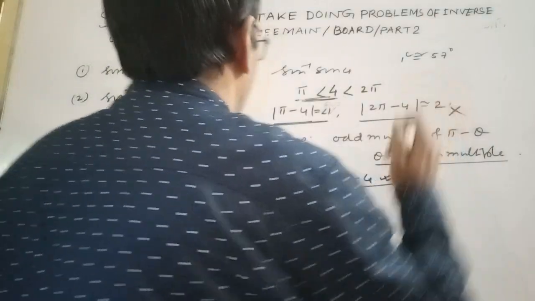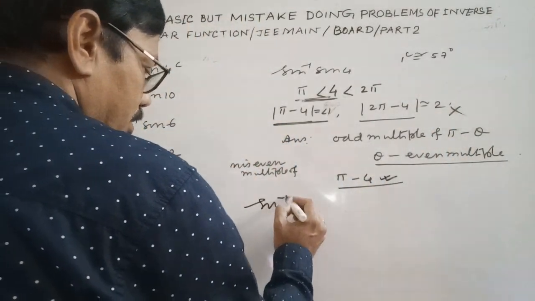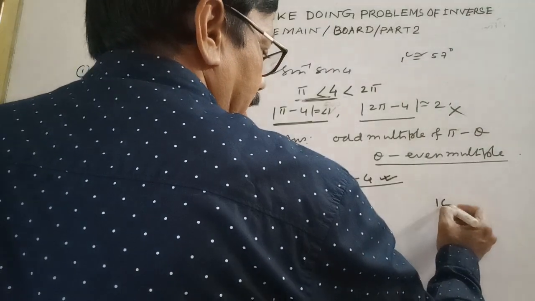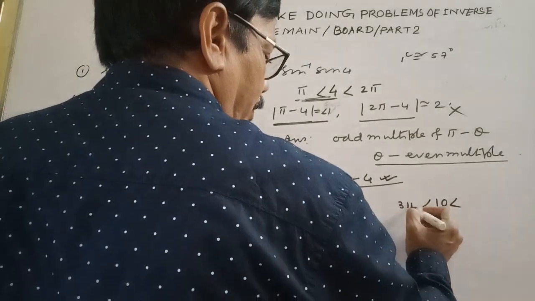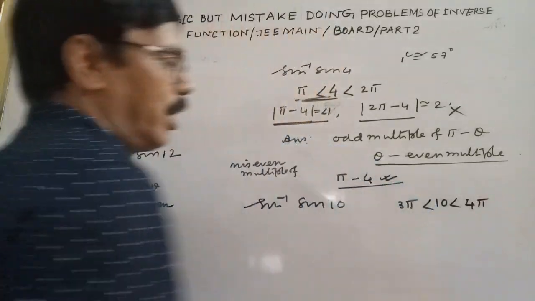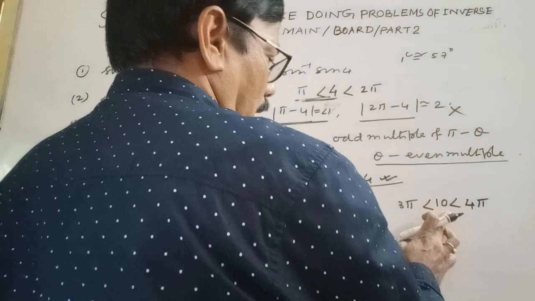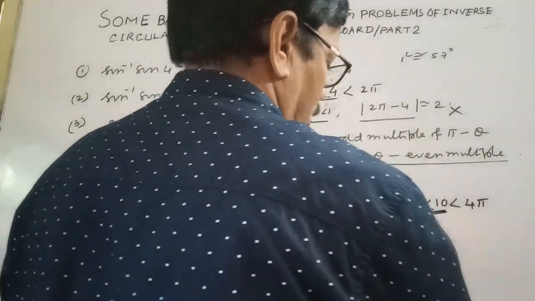Now look, sin inverse sine 10. So 10, this is 3 pi, 3.14, 3 pi to 4 pi. Now 10 minus 3 pi, and this is 12. So this one is small.